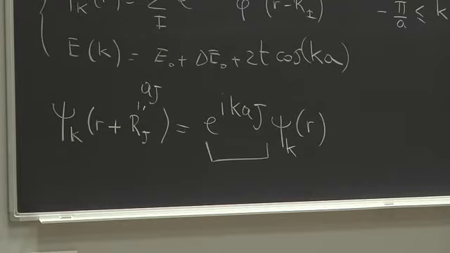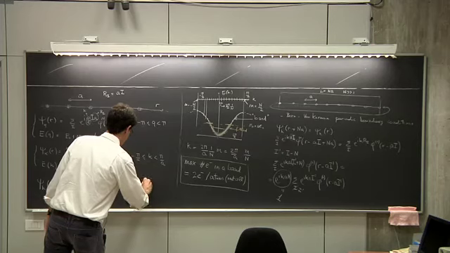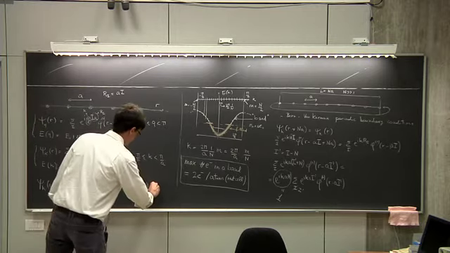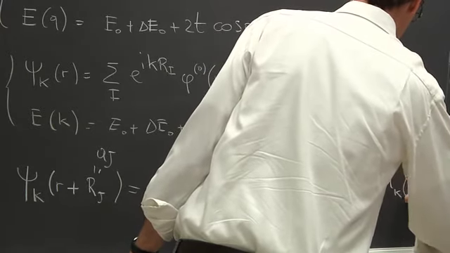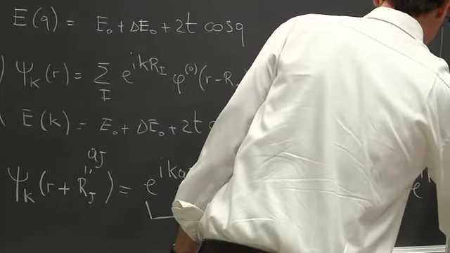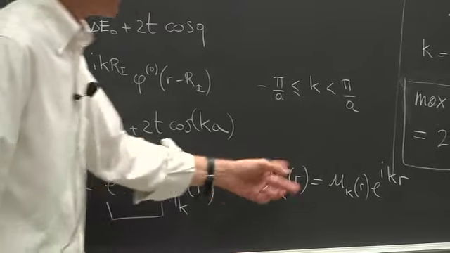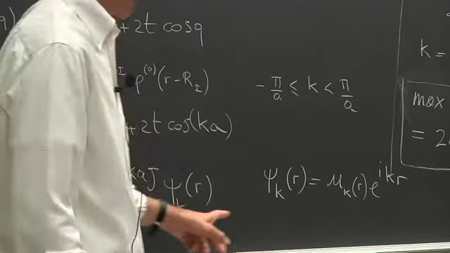This is, of course, equivalent to saying that my wave function is made of a periodic part times a phase, which is what my wave function acquires when I move it by a certain length in space. These two statements are actually equivalent.